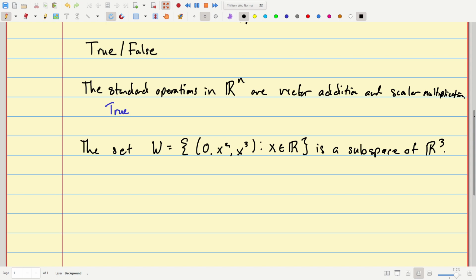All right. True or false? The set W equals vectors composed of 0, x squared, and x cubed for some scalar x is a subspace of R3. How is it that I verify whether or not something is a subspace?